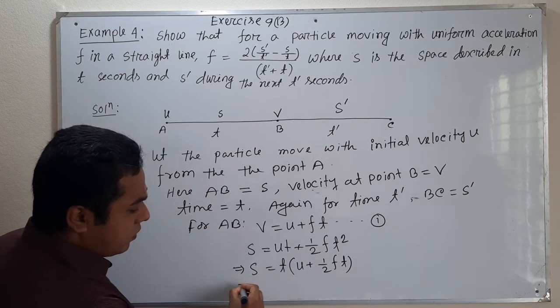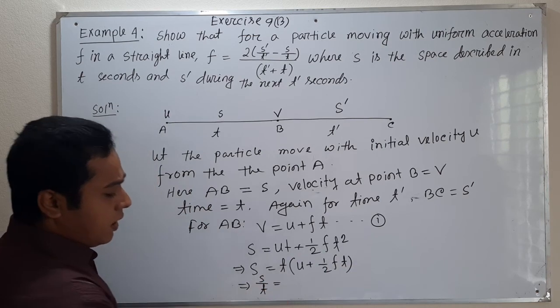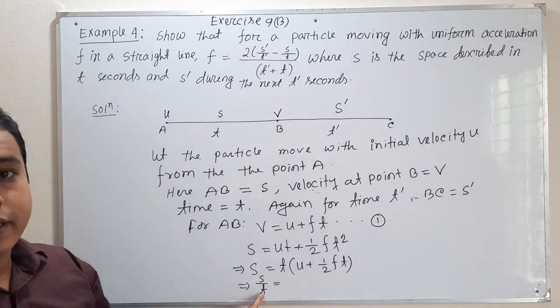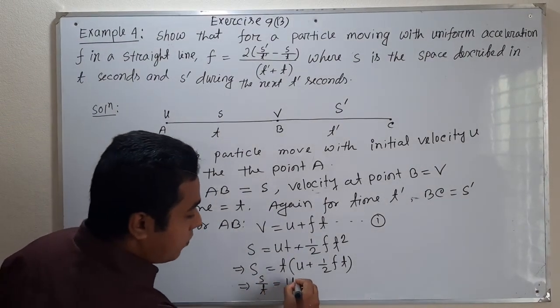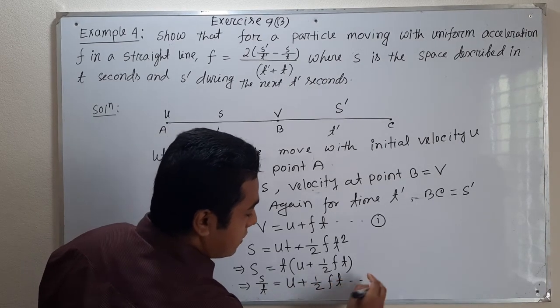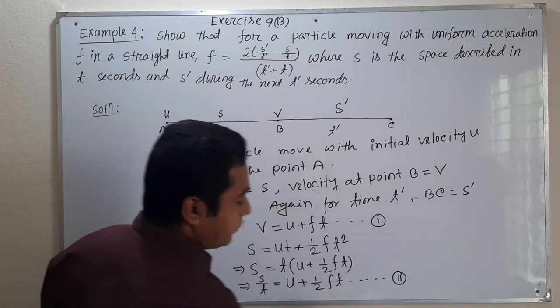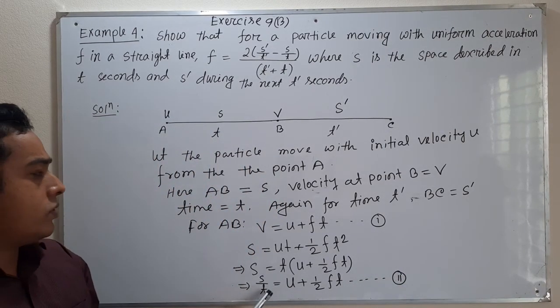So s divided by t is equal to u plus half of ft. This is our equation number 2.